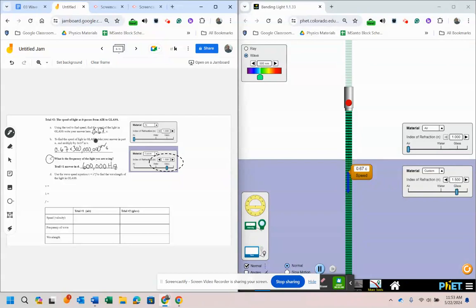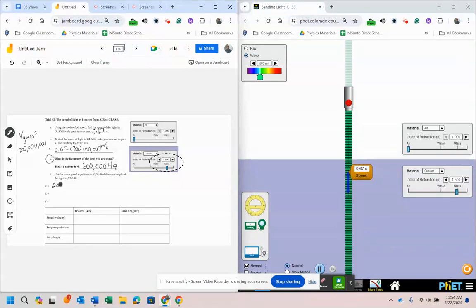And I find out that the speed of light, and you can see also by the arrow, gets smaller, and this is going to be 200 million meters per second. So the speed of light in glass is equal to 200 million meters per second.